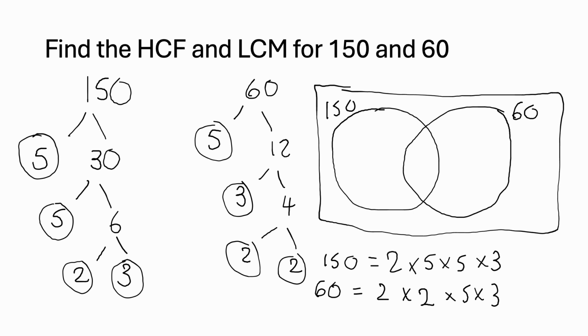What they have in common is they both have at least one 2, one 5 and one 3. What 150 has is an extra 5, and that is it. So 5, 5, 2, 3. 60 has an extra 2.